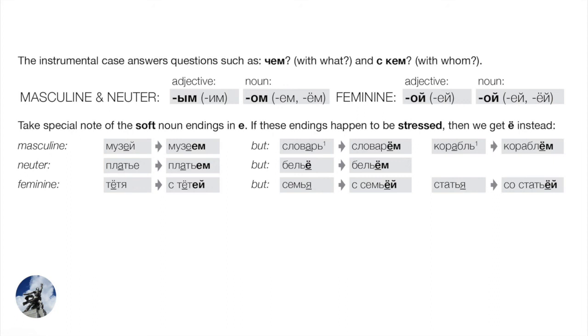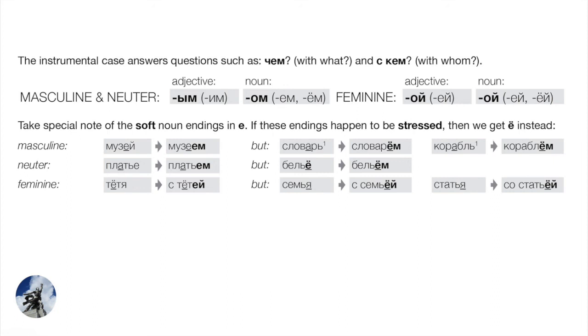Well, as always, we may see soft endings, right? And we can predict these really, right? The hard version of that will be -ым, right? With that soft vowel, it's -им, right? Now, keep in mind, we may also add that ending for purposes of the 7-letter spelling rule, right? Where we can't write ы, we have to write и instead.